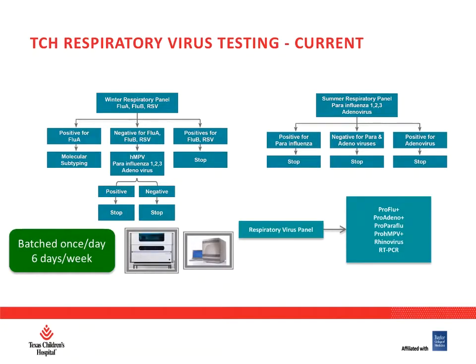And then we still also offer the Prodesse assays beyond the rapid flu and RSV PCR and the GeneXpert. We have the winter respiratory panel, which has the similar type of reflex that I showed before, except now we don't reflex to cell culture. That's been discontinued. And then we also have the summer respiratory panel for parainfluenza and adenovirus. Again, this is similar, but we don't reflex it to culture.